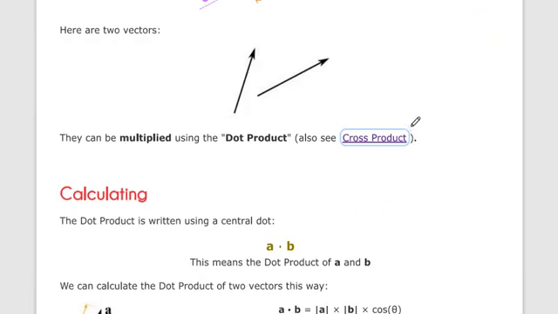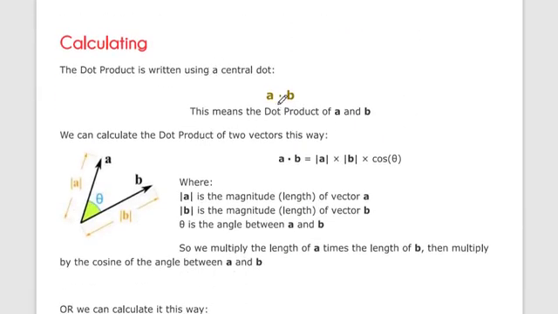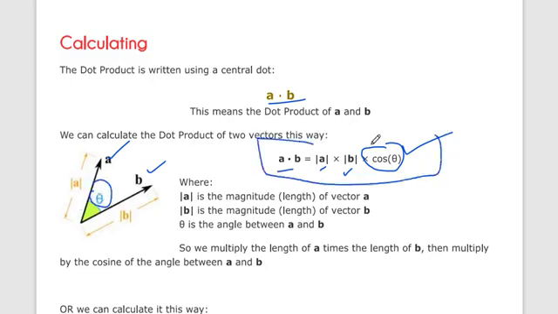Simple example, let's say a and b are vectors, if you want to multiply these two vectors, how do we get it? It is a simple equation, magnitude of vector a multiplied with magnitude of vector b and cos theta, where theta is the angle between them. So this is the equation of a dot product.